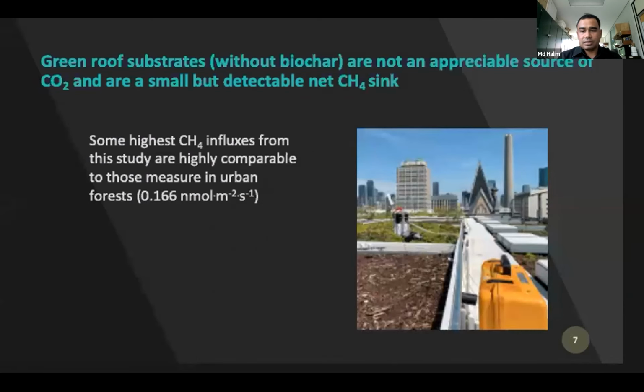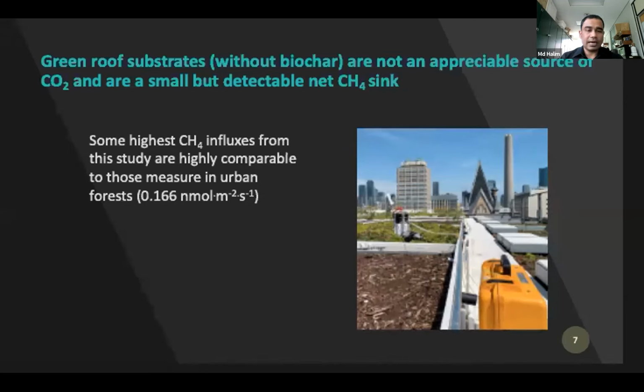So our results from the Grid Lab 2 experiment indicate that carbon dioxide flux ranged from 1.3 to 5.1 micromole per meter square per second, and methane fluxes ranged from minus 3.5 to 1.14 nanomole per meter square per second.